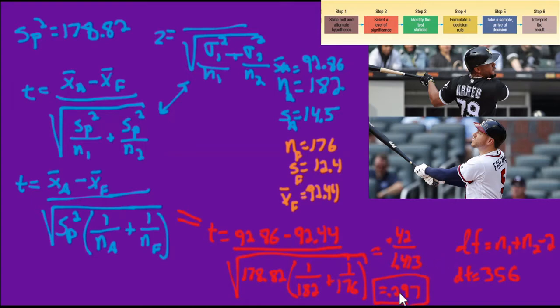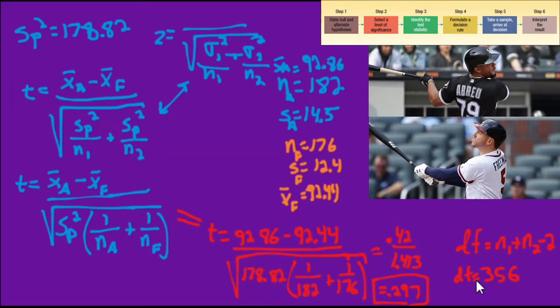We came up with a t-value of 0.297, and so we did not reject the null. We didn't have enough evidence to say that they're not the same underlying power, their average exit velocity. We could not reject the null that those are the same.